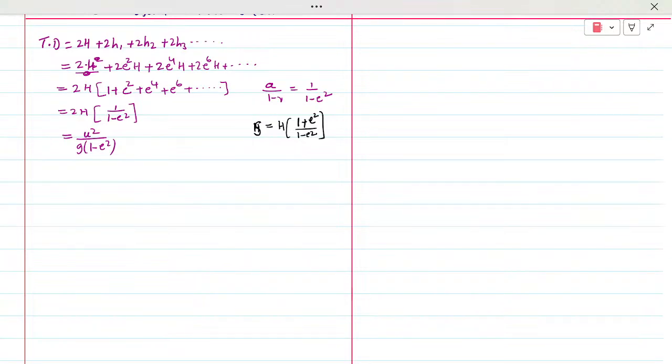This is the answer you will get there. In a freely falling body, this is the total distance traveled when the coefficient of restitution is e. In case of a projected body, this is the total distance traveled before coming to rest by the final collision. Now total time.